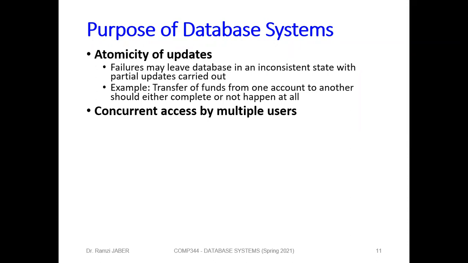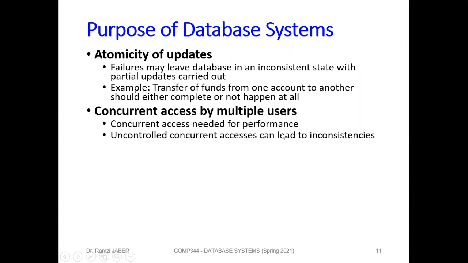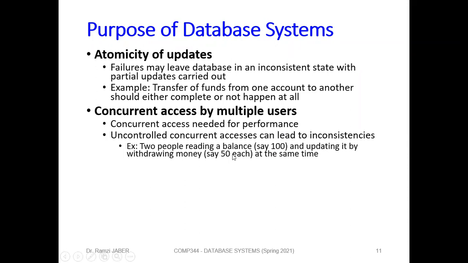As we said before, concurrent access by multiple users. Example, two people reading the same field, the same balance, say 100, and at the same time they update this field, withdrawing money, say 50, at the same time. What happens? Okay, security problems, of course.